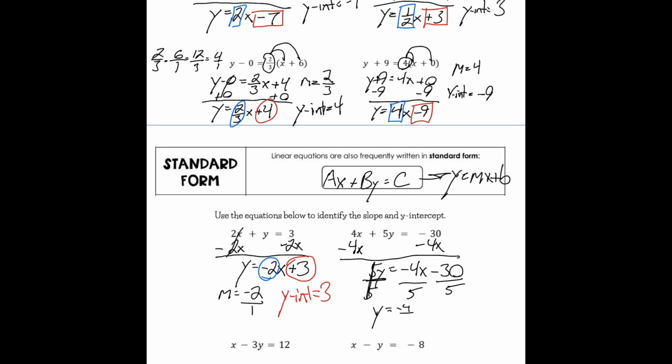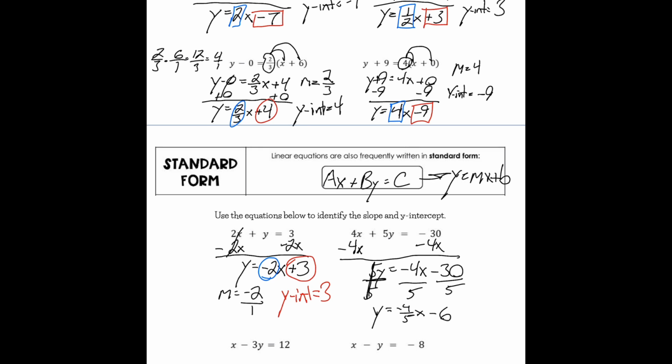Negative 4 over 5x. 5 does divide into 30 evenly. 5 goes into 30 6 times, so minus 6. And again, use your calculator if you're unsure. Even if you think you are sure, I always suggest you use your calculator, double check yourself, make sure you're getting your positives and negatives correct. It is a tool that's there for you, so you should use it.